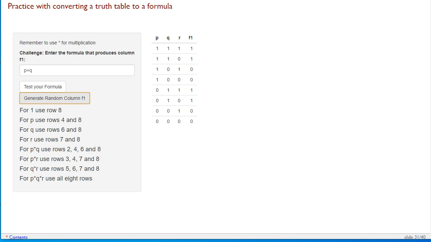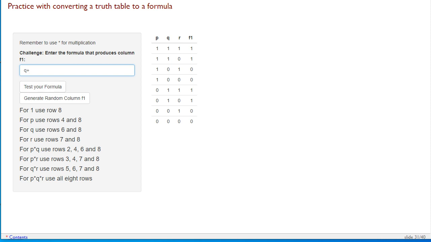For the coefficient of 1, we use row 8 where everything's false, so that coefficient is 0. For the coefficient of P, we look at rows where Q and R are both equal to 0 and see 2 zeros, so we don't need a P. For Q, we use rows 6 and 8 and get a 1.